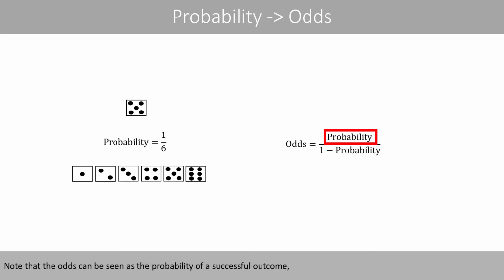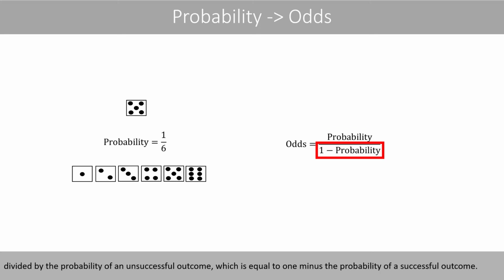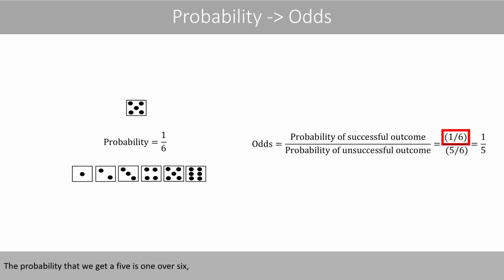Note that the odds can be seen as the probability of a successful outcome divided by the probability of an unsuccessful outcome, which is equal to 1 minus the probability of a successful outcome. The probability to get a 5 is 1 over 6, and the probability that we do not get a 5 is 5 over 6.